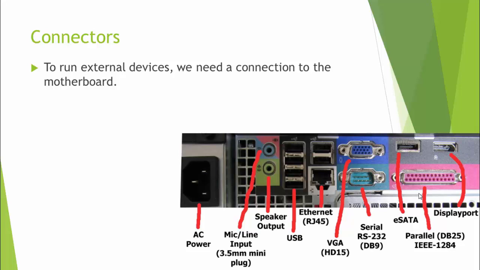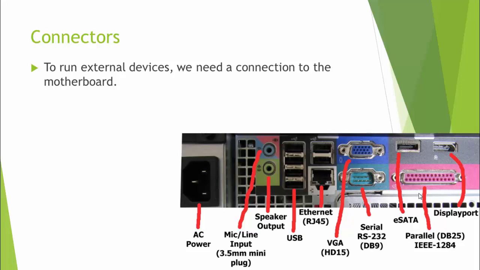Remember, our motherboard has expansion slots for devices that need to connect directly in, typically because they need to be very fast. These external connections are for devices that typically don't need as routine data transfer to the CPU, or may not need as fast a data transfer.